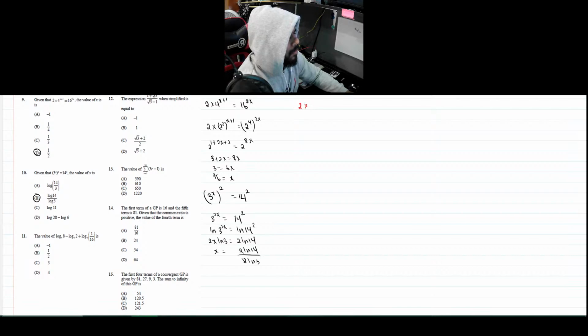There's 2 multiplied by 2 squared to the power x plus 1 is 2 to the power 4. 2 to the 4 to the 8 to the 16, yeah? 2 to the power 4 to the power 2x. 2 to the power 1 multiplied by 2 to the power 2x plus 2 is 2 to the power 4 to the 8x, right? 1 plus 2x plus 2 is 8x. 2 and 1 is 3. 8 minus 2 is 6.